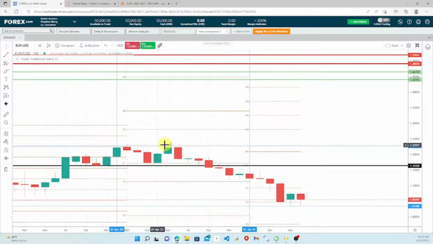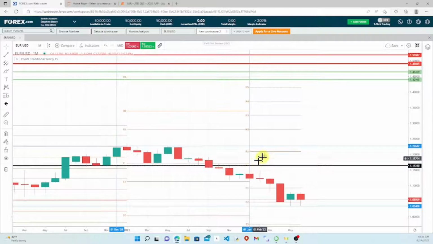So you've got January 21 to December 21. Then I've excluded these outside candles with these vertical lines. And you can see that their pivot, where I marked the central pivot, this black line is a horizontal line that I put on for my central pivot, and it's exactly the same.